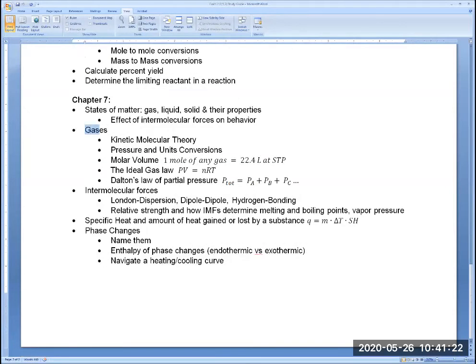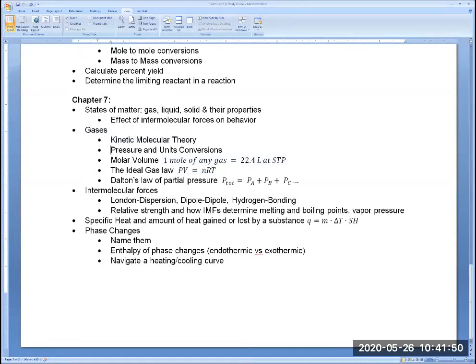The kinetic molecular theory tells you that a gas is made of small particles that fly around, far from each other. There's a lot of distance between the particles, and no attractions between them. The speed of the molecules will depend on the temperature.